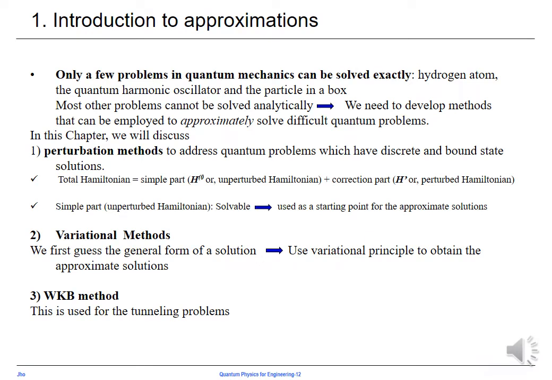So, in the introduction to approximations, one is perturbation, okay, the other is the variational method. Both are extremely important. Most of your simulation tools for semiconductor devices actually depend on perturbation theories or variational methods.